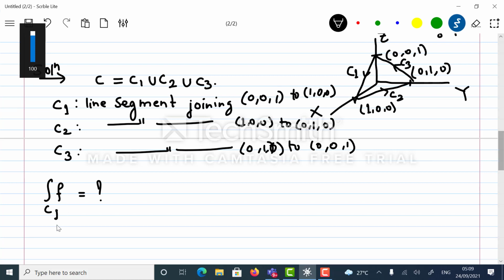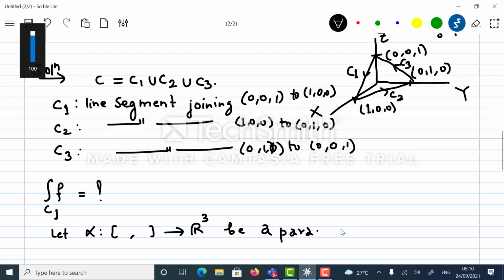So let alpha from this to R3 be a parameterization for the line segment C1.